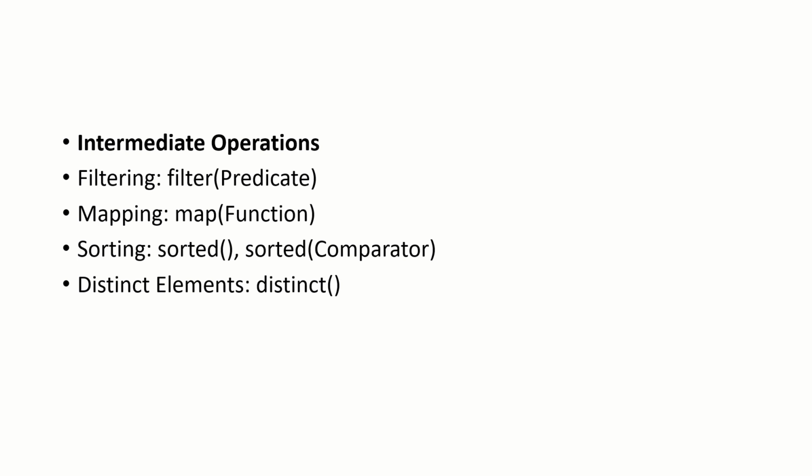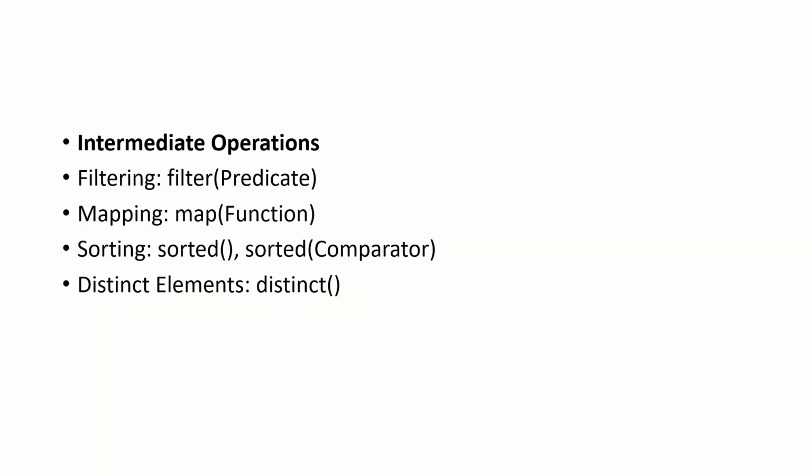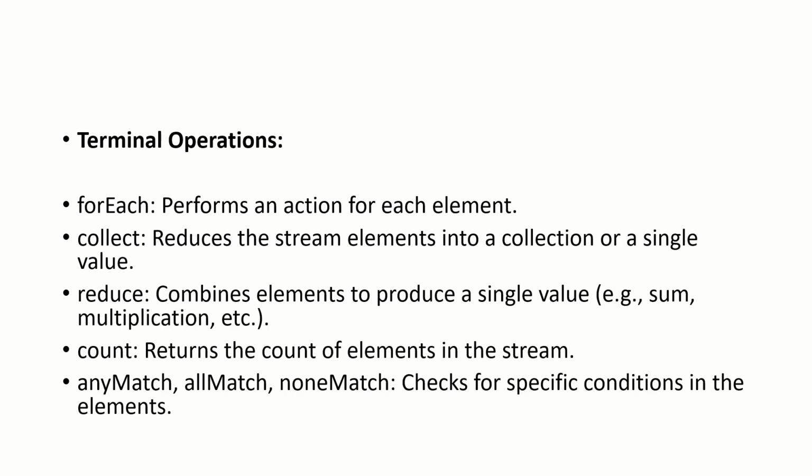Now you have created the stream, you have applied the intermediate operation. Now you have to apply the terminal operation. Make sure that you can apply more than one intermediate operation, right? And then you can apply the terminal operation. Like we already have discussed forEach to perform an action for each element. If you want to collect, you can call the collect method.